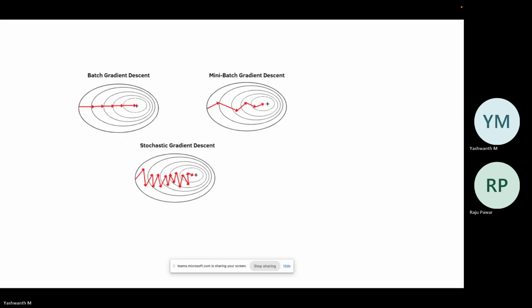That's true. In batch gradient descent, with the complete data, the loss moves smoothly, there's no noise or variance. In mini-batch, yes, there is noise, a variance in your gradients, that's why it's going up and down. For stochastic, there is very high variance, that's why it takes a lot of time to converge.